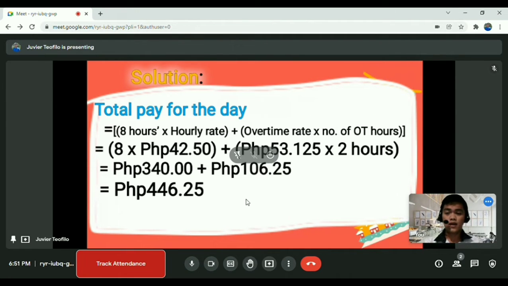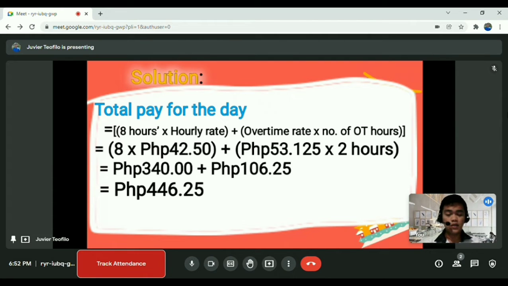Now we have the total pay for the day. It is equal to 8 hours, which is the number of working hours, multiplied by the hourly rate of 42.50, plus the overtime rate, which is 53 pesos and 125 centavos, multiplied by 2 hours.